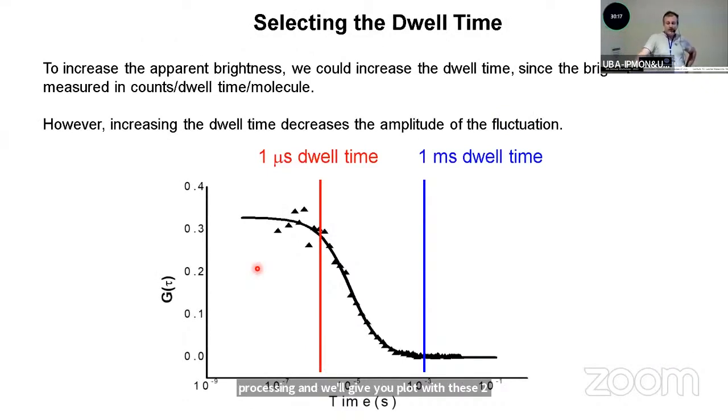An important thing is that, in principle, we can change the length of acquisition, so the dwell time or the frame time, and this will change the brightness, because if you stay in a pixel for a longer time, you will illuminate it more, you will collect more photons, and you will have a longer integration time. The problem is if you integrate for too long, you can end up with the volume where you are observing homogenizing and you will never see the fluctuation.